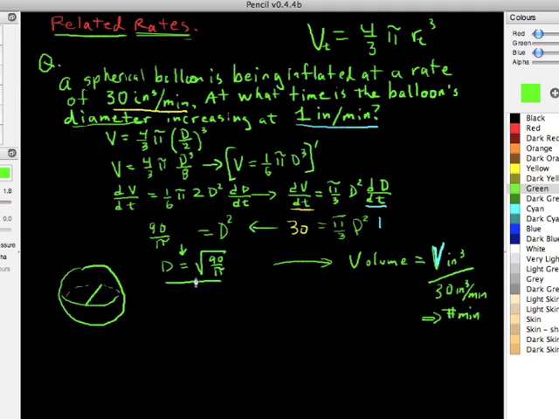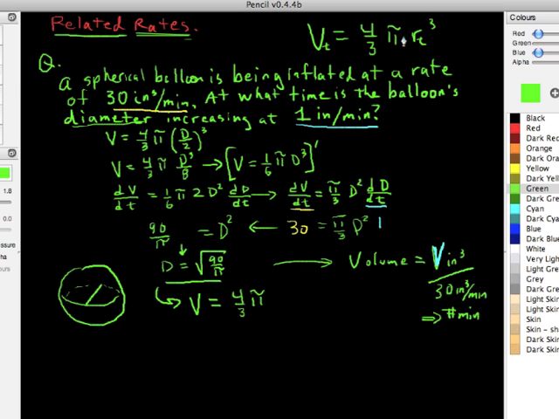Okay, so let's find the volume, and this is going to be our model over here. Our volume at this time, when the diameter is the square root of 90 over pi, is at the exact time we're thinking about. This is equal to 4/3 pi.